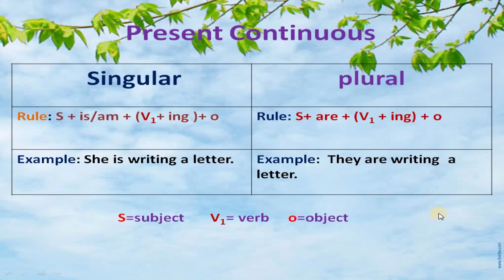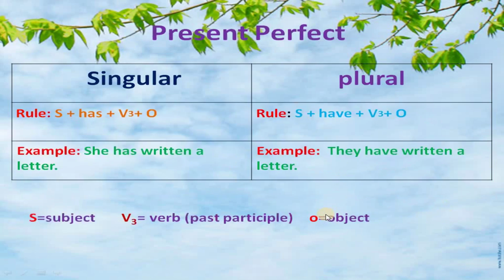Next tense is present perfect tense. Singular form: its rule is subject plus has plus V3 plus object. Example: she has written a letter.